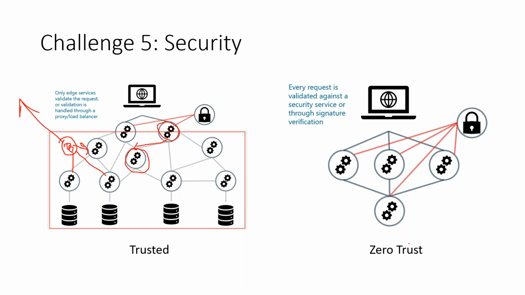So zero trust basically discards the idea of perimeter security and just assumes that nothing is secure regardless of where it came from. So if a client makes a request, then the edge services that are receiving that from the client validate the request. If it makes a call back to a backend service, that backend service again validates the same request.